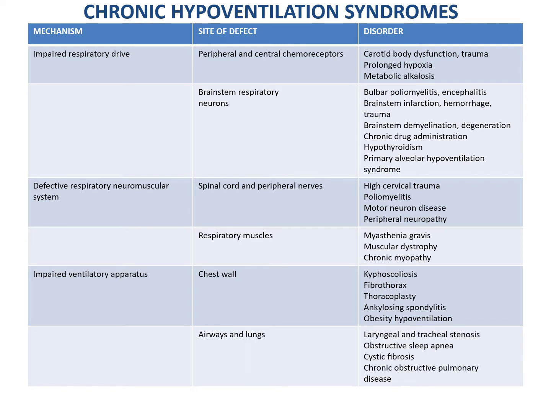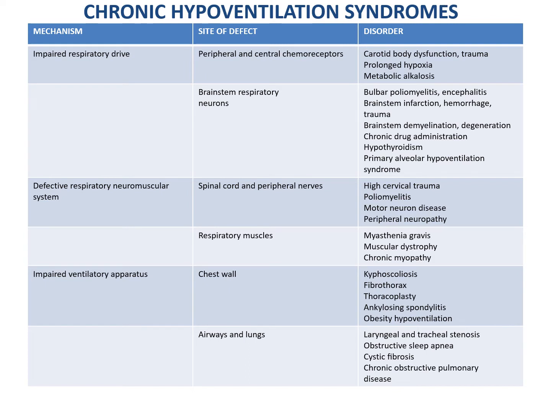Impaired respiratory drive: the site of defect is peripheral and central chemoreceptors, and disorders caused by this include carotid body dysfunction, trauma, prolonged hypoxemia, metabolic alkalosis. And then you see also in impaired respiratory drive the mechanism, we have brainstem respiratory neurons.